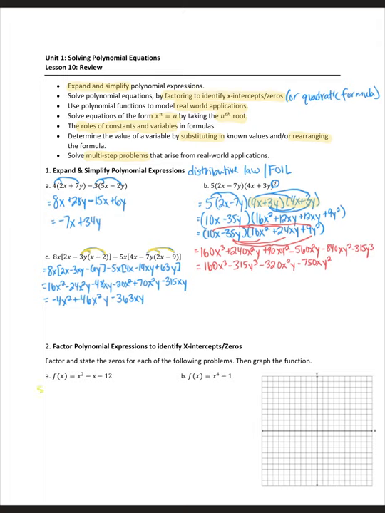So we should be able to factor using sum and product. So we need two numbers whose sum is negative 1 and whose product is negative 12. So hopefully we can see that that's going to be a negative 4 and a positive 3. And we can say f of x equals (x minus 4)(x plus 3).